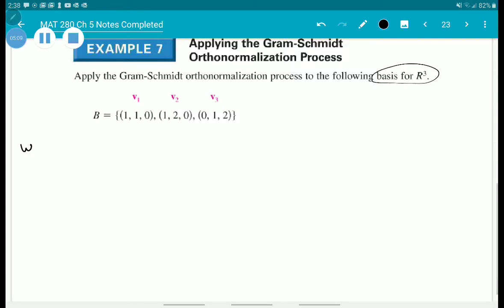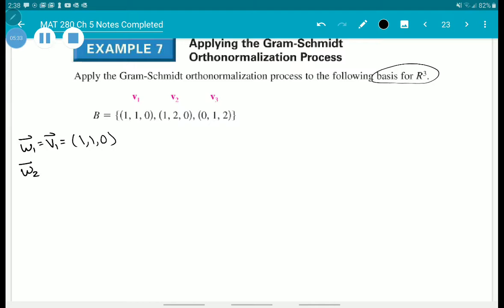So W1 is always going to be equal to V1. V1 is the vector (1, 1, 0). And I'm going to use that parentheses notation again instead of the vector notation that we're used to since we're talking about vectors with inner products. I don't want to mix those two up, and to be consistent with the textbook here.